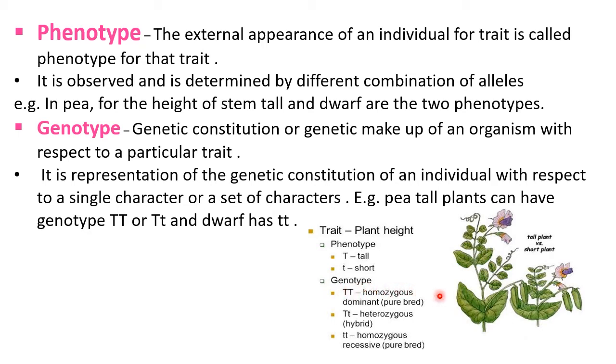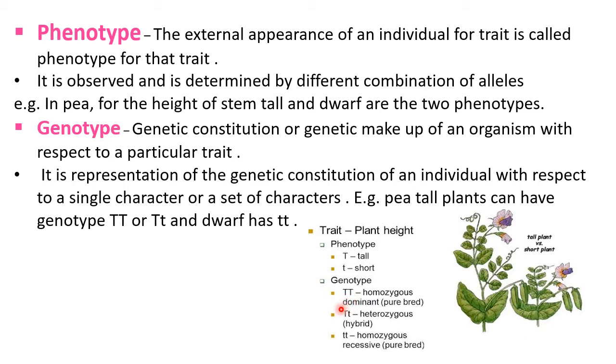So for example, the first plant is tall. In this tall pea plant, the genetic makeup or the genes may be homozygous. Homozygous means both the alleles or genes are identical. So this tall pea plant is called a pure tall plant as it shows two similar genes for tallness.